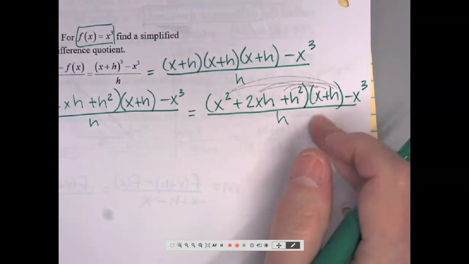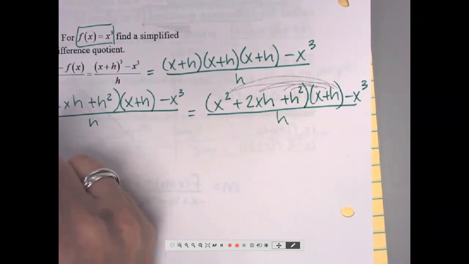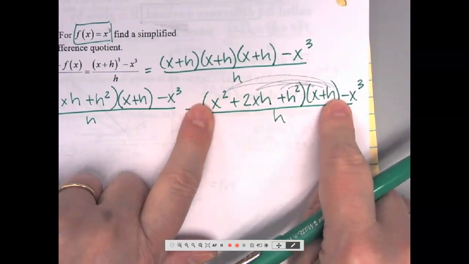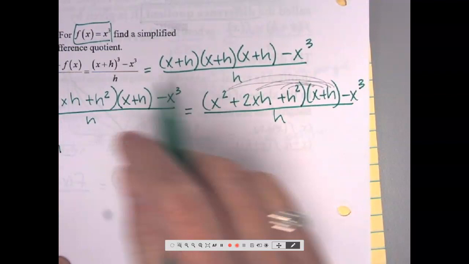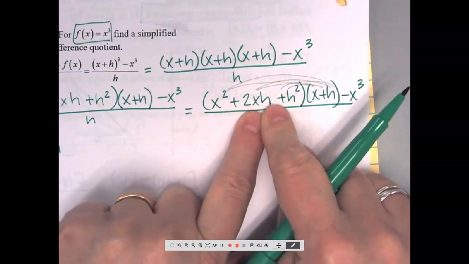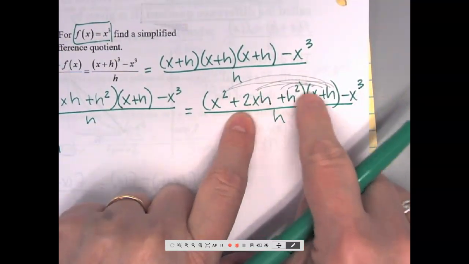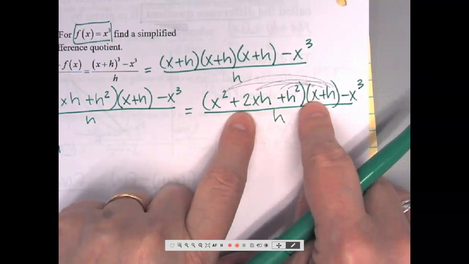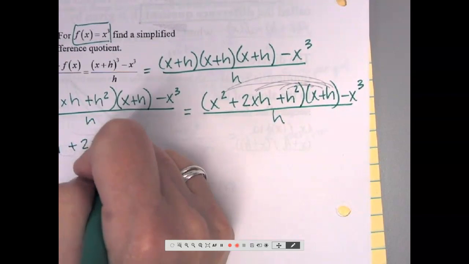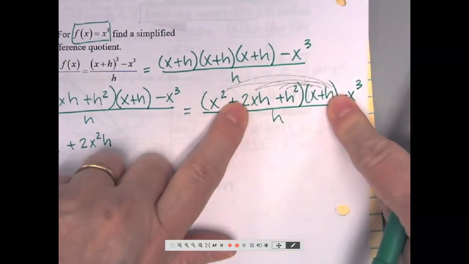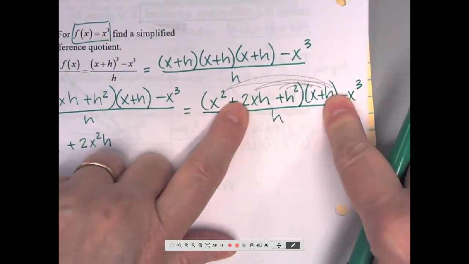So x squared times x is x cubed. x squared times h is x squared h. I'm going to move to the 2xh. Times another x is 2x squared h. Then this times h is 2xh squared.